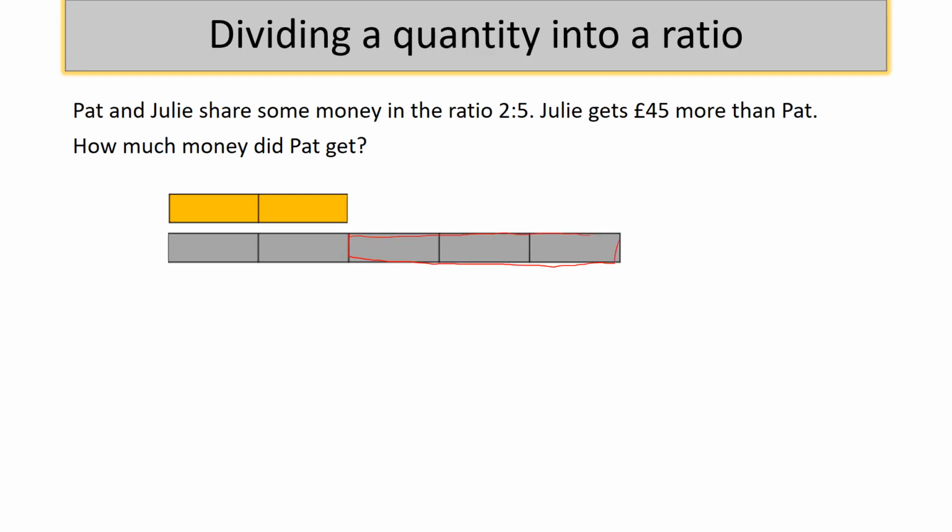And now we know that she gets £45 more. So that means that those 3 parts are equivalent to £45. Knowing that, I can work out how much one part is worth. So that's 45 divided by 3, which is 15. So I know that each part in the ratio is £15.